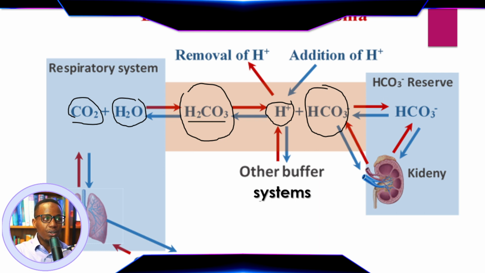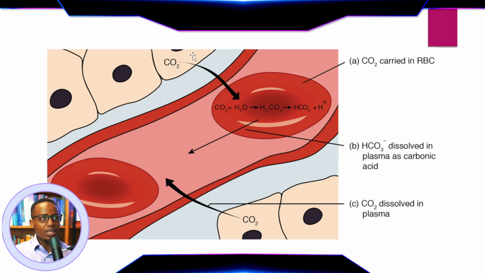So if we look at, for example, what happens here, CO2 goes from the cells into the blood, into the red blood cells. And whenever it gets into the red blood cells to be carried away, it's going to be carried in acidic form, right? And then it can give H plus.